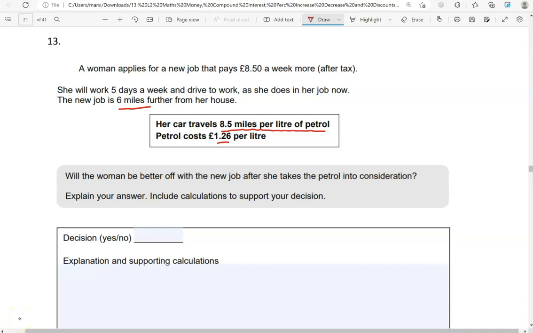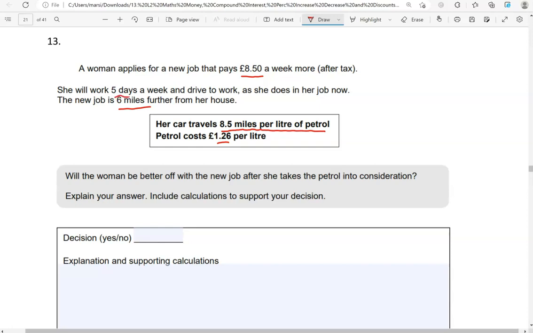So we're looking to see whether the cost of petrol is less than what she earns extra per week. So the new job is 6 miles further from her house. So also coming back, that means 12 miles per day.